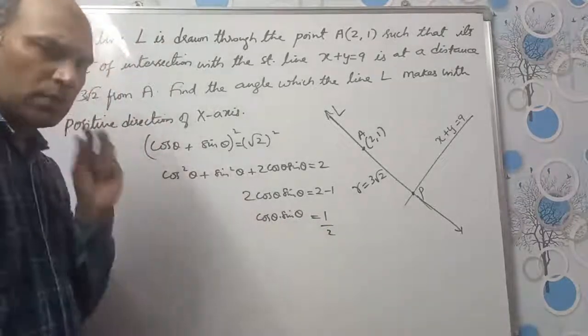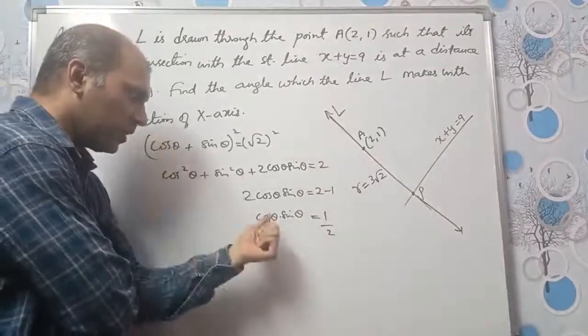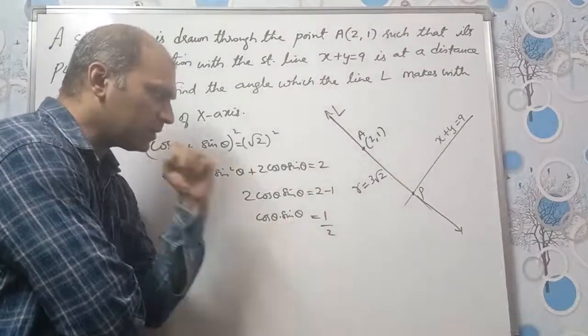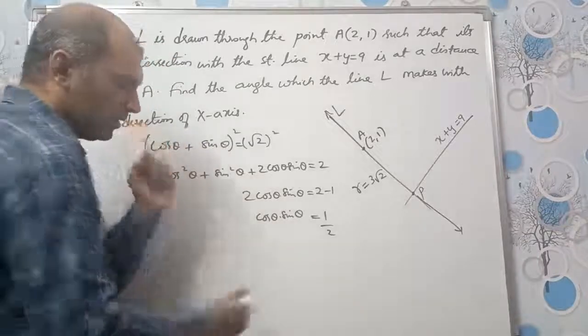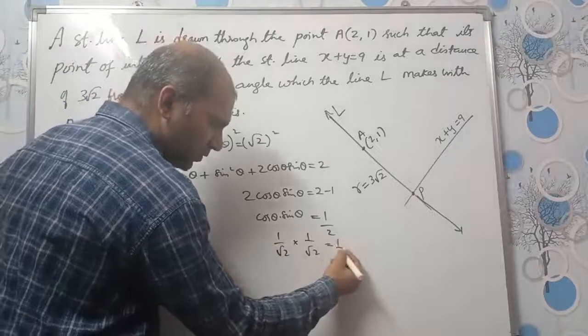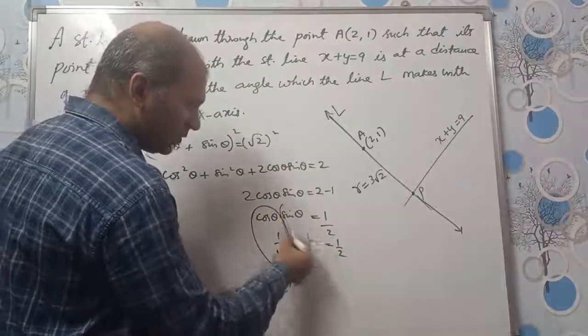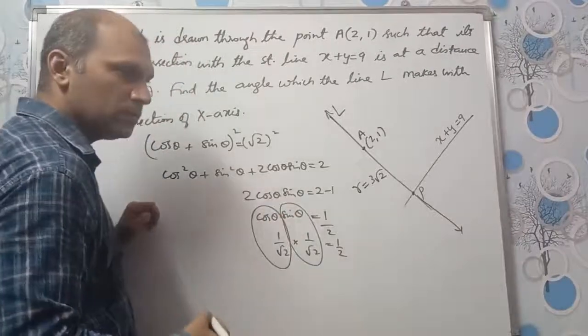Now which values will satisfy this equation? Cos theta multiplied by sin theta should give us 1 by 2. So I think 1 by root 2 multiplied by 1 by root 2 will give us 1 by 2, right? Which means cos theta should be 1 by root 2, sin theta should also be 1 by root 2.